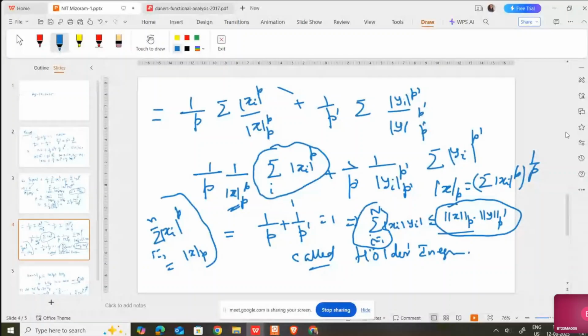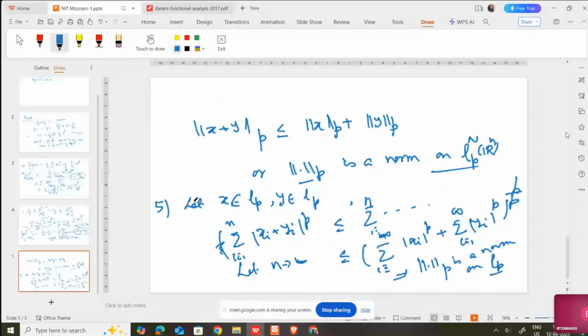Now we proceed to the next step. We show that the p-norm is actually a norm on R^n. This proof, I think I have given to you last time.